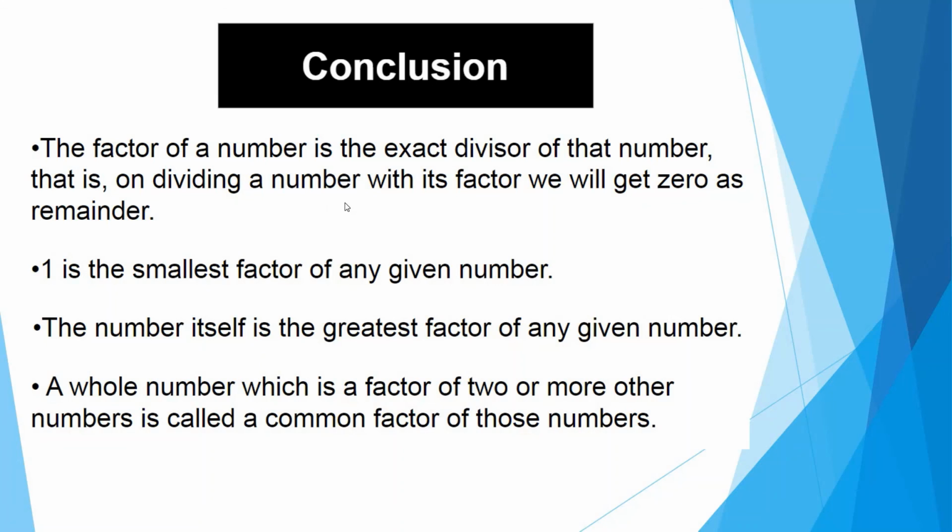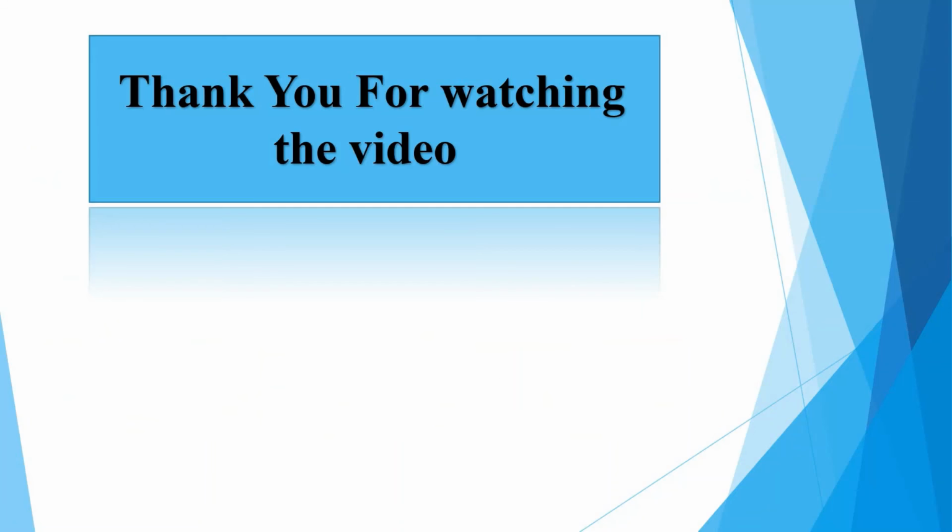That is, on dividing a number with its factor, we will get remainder as 0. 1 is the smallest factor of any given number. The number itself is the greatest factor of any given number. A whole number which is a factor of two or more other numbers is called a common factor of those numbers.